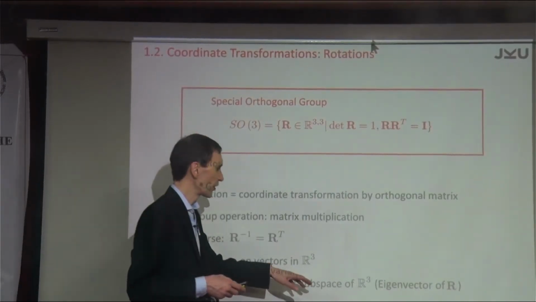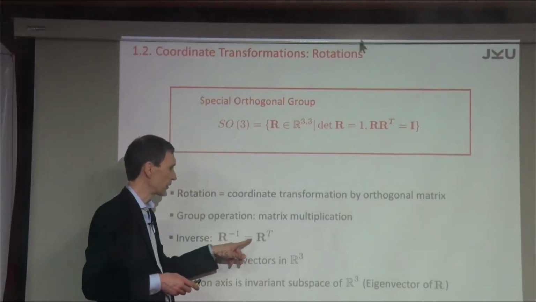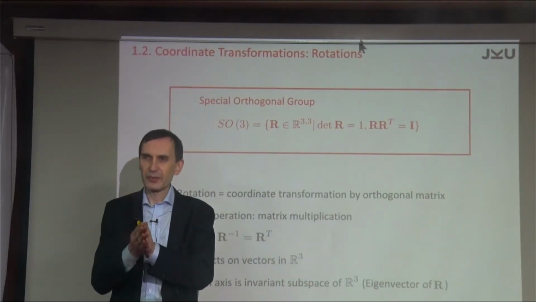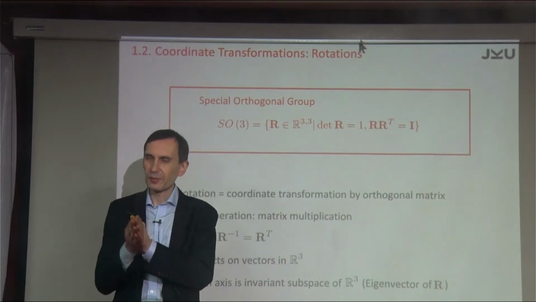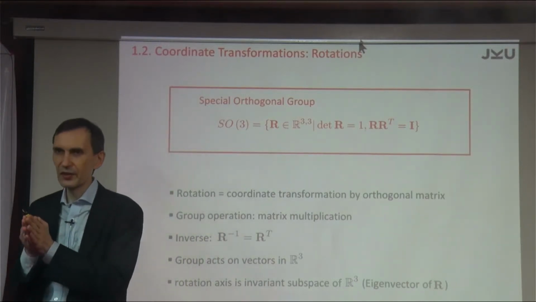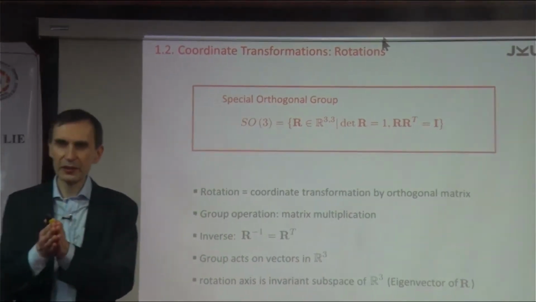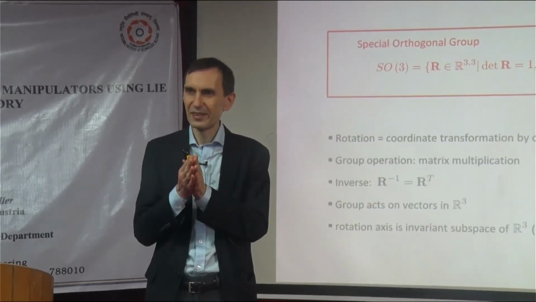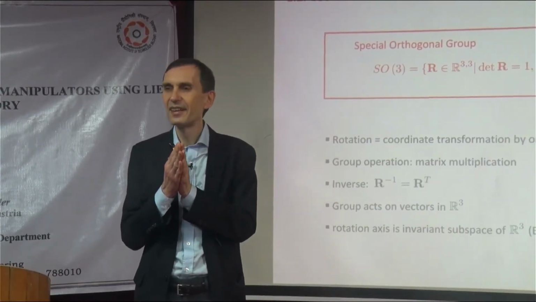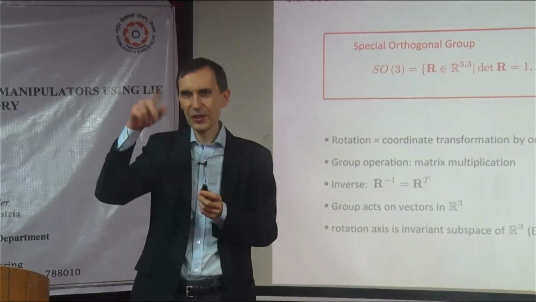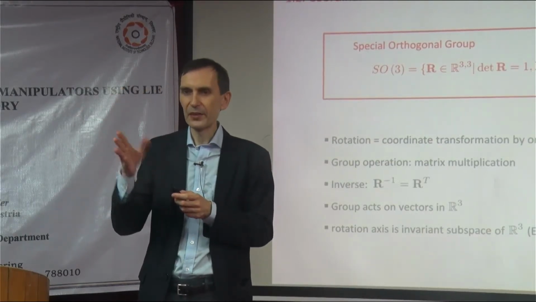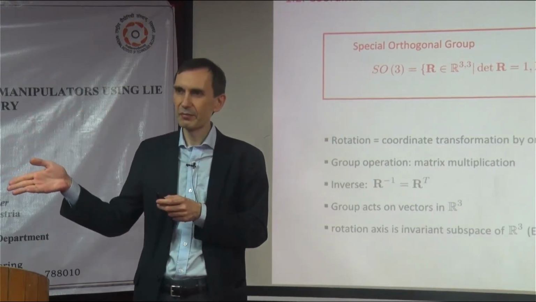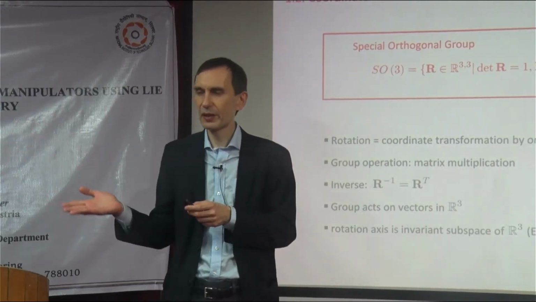But how do you see this? Which vector, when you multiply the rotation matrix with it, stays invariant? There's one vector, unique up to a scalar, that stays invariant. So you take any rotation matrix, and you multiply it with the vector x, and what comes out is the vector x.